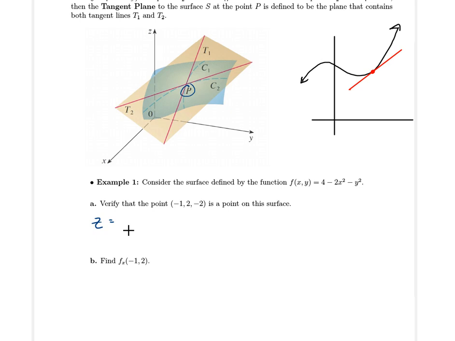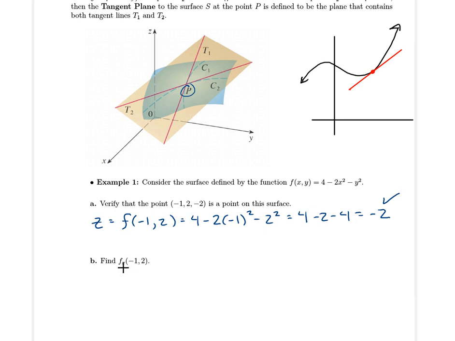Okay, so z is going to equal the function evaluated at -1 and 2, which would be 4 minus 2 times -1 squared minus 2 squared. So 4 minus 2 minus 4 is -2. So that verifies, because I get the z value I'm expecting, that yes, this is a point on the surface.